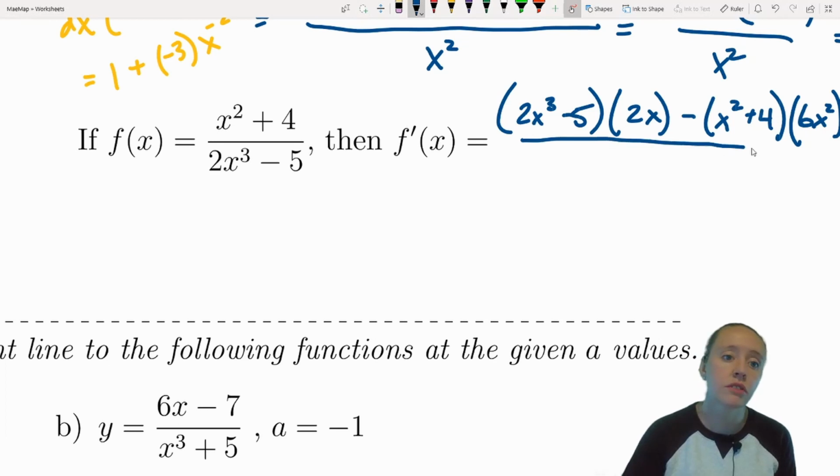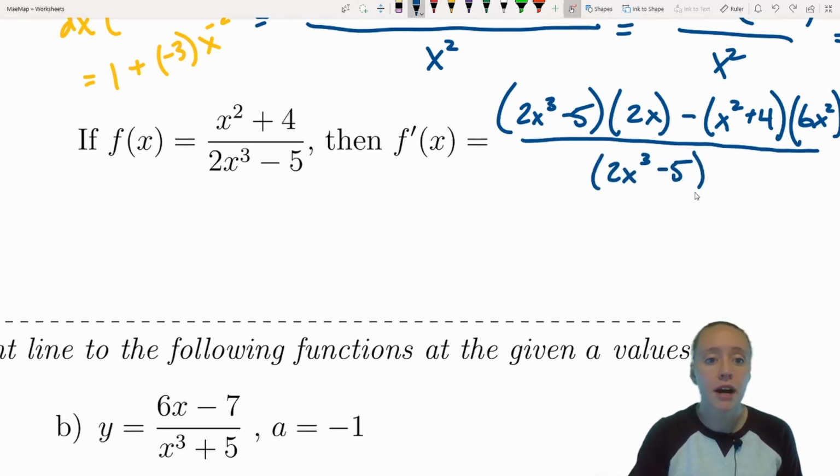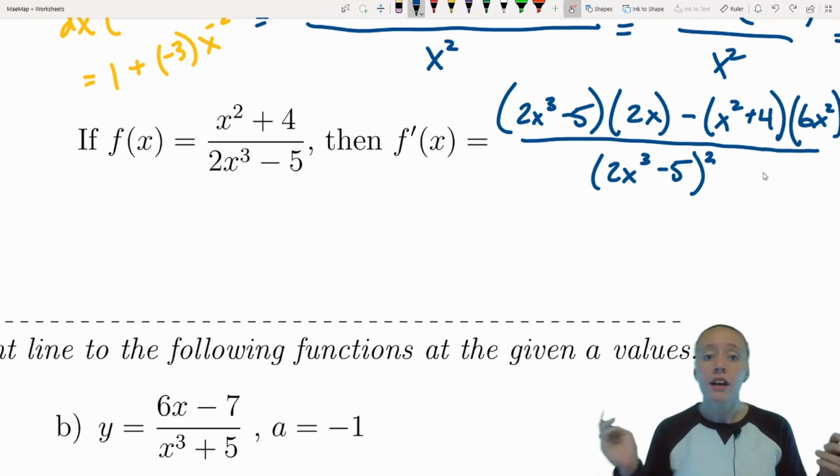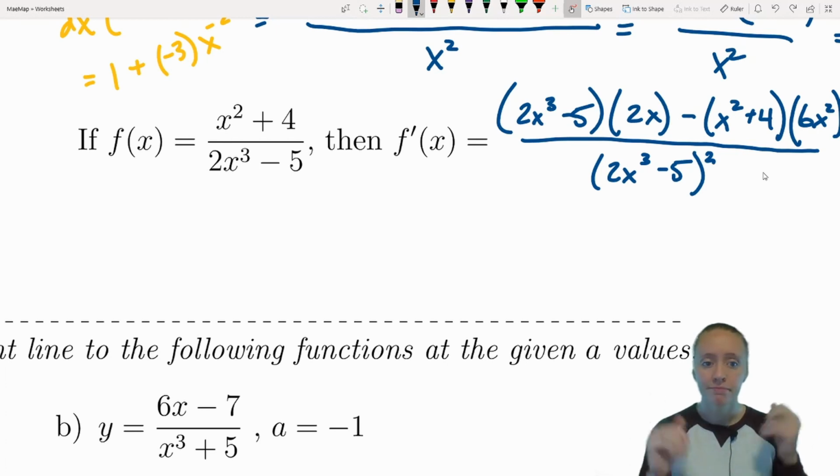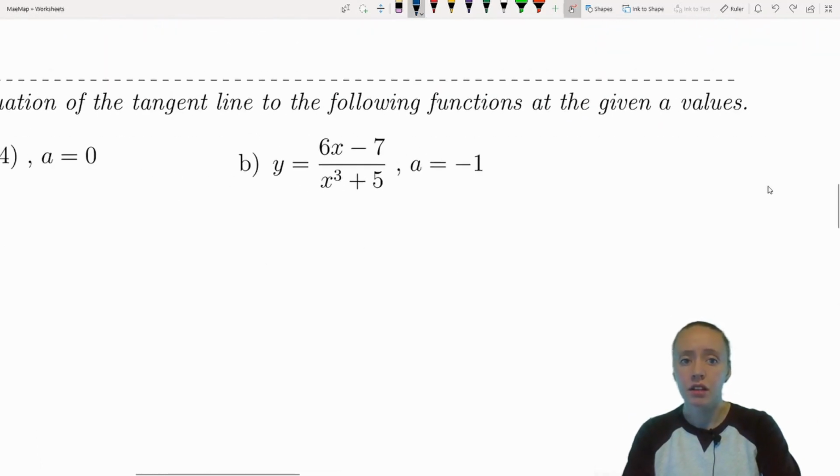And this is all over my denominator squared. So (2x cubed minus 5) squared. Low d high minus high d low, all over low squared. Now on your own, distribute that numerator through, combine like terms, and simplify as far as you can go. But let's continue on for now.